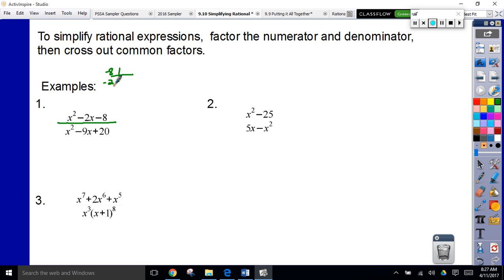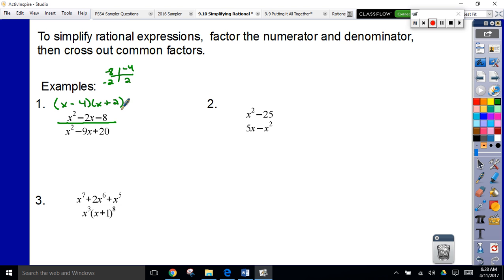What two factors can I multiply to give me -8, add to give me -2? Gretchen? -4 and positive 2. Good. -4, +2.